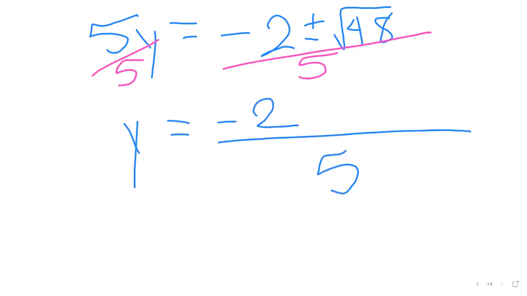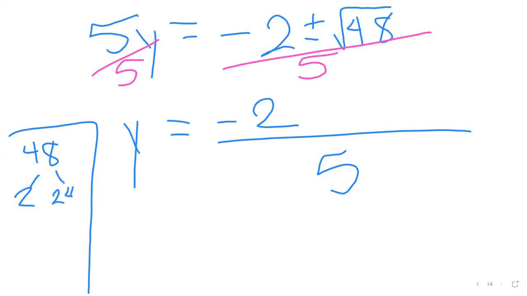Now let's talk about 48. Let's just come over to the side here real quick and talk about how 48 breaks down. That is 2 times 24. Two times 12. 12 is 2 times 6. And then our 6, running out of room there, that branches off to 2 times 3.